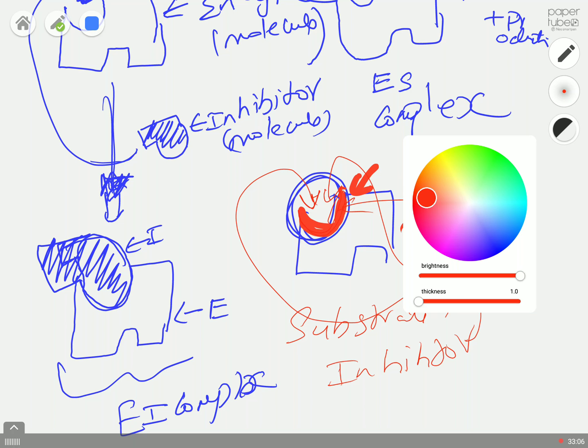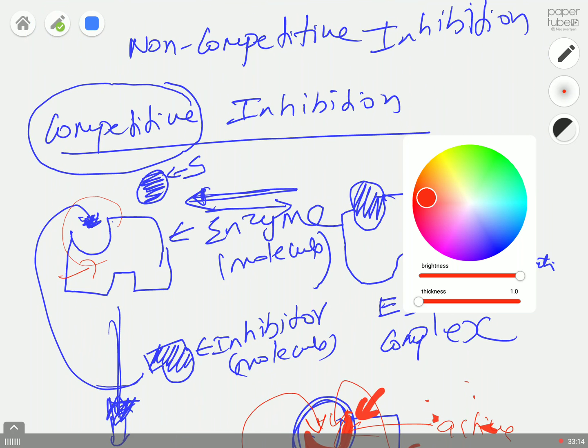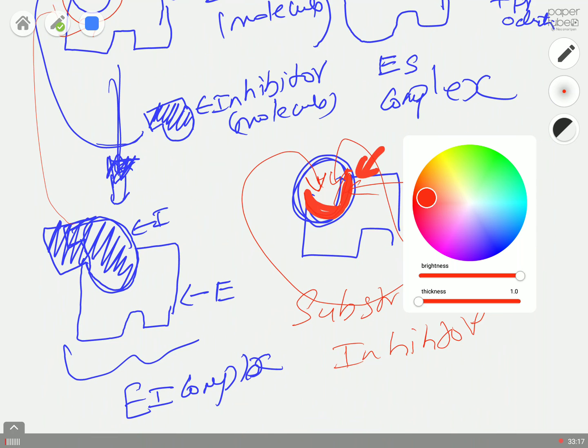It's not very easy. Whatever cartoon I am drawing here, you have an active pocket that will take the substrate, and it can also fit your inhibitor. Everything happens at the molecular level.